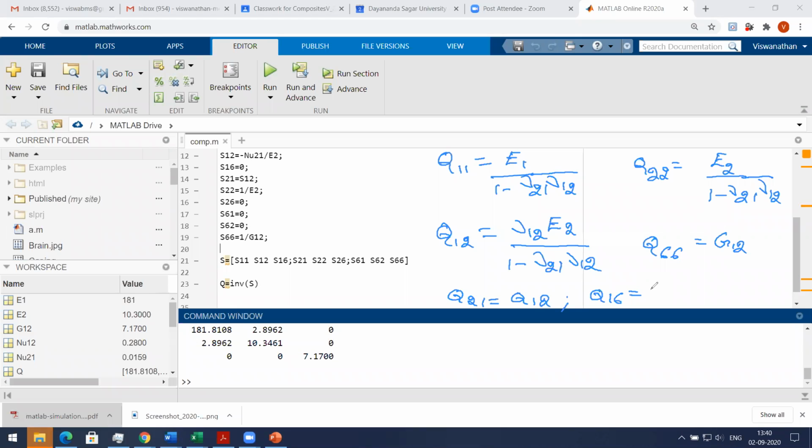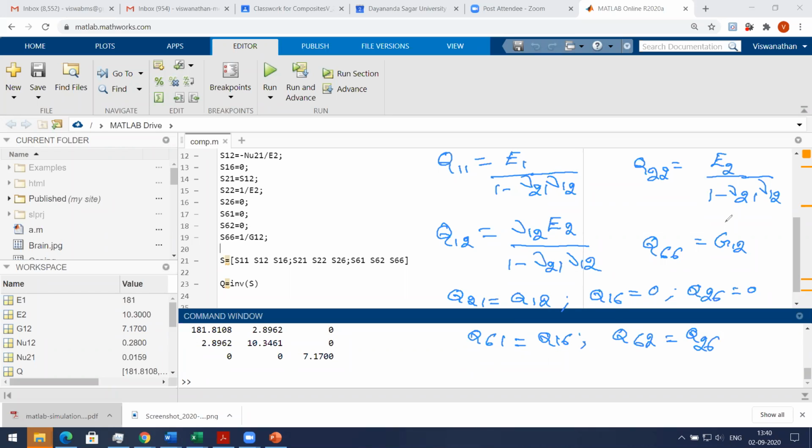What is the value here? 0, sir. 0. Okay, then Q26 is equal to 0. So Q61 is equal to Q16, and Q62 is equal to Q26.